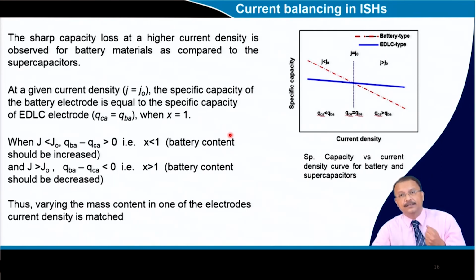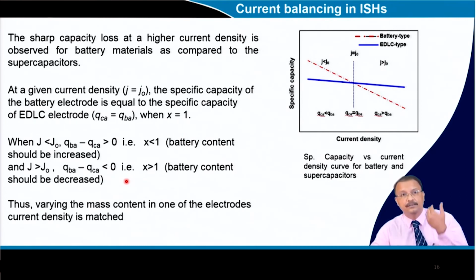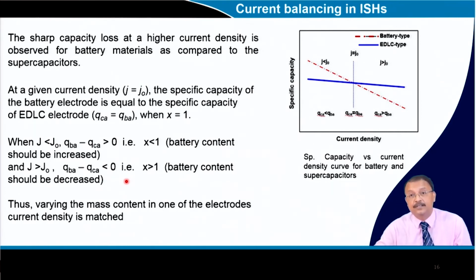But when the current is more than this critical current Z 0, where the charge is actually equal, then you have the opposite relation. So, the battery capacity is more than the anode, and actually the battery component should be reduced. So, by varying the mass content in one electrode with respect to the other, you can match the current density.